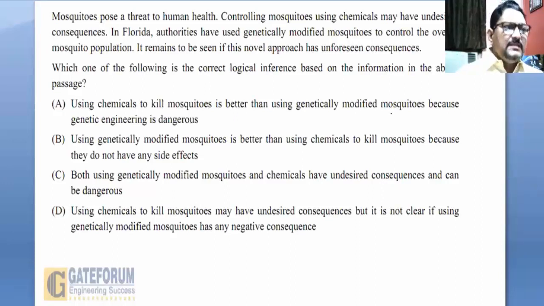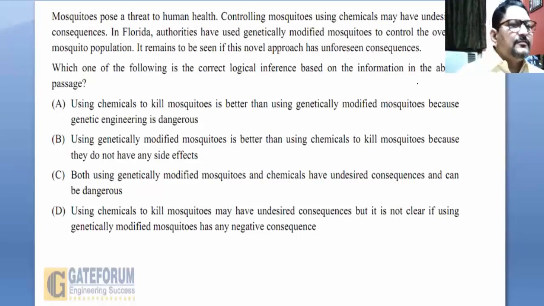It remains to be seen if this novel approach, meaning new approach, has unforeseen consequences. Unforeseen means consequences which you haven't seen beforehand. New consequences, unforeseen consequences. So which one of the following is the correct logical inference based on the information in the above passage? So this is a critical reasoning question.